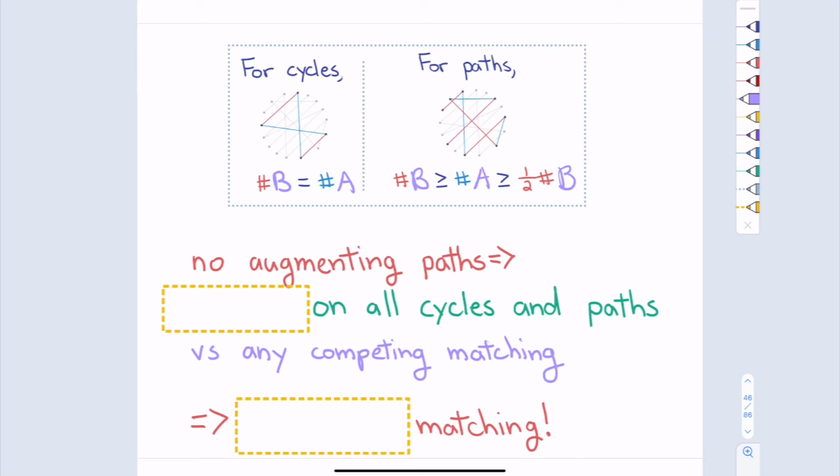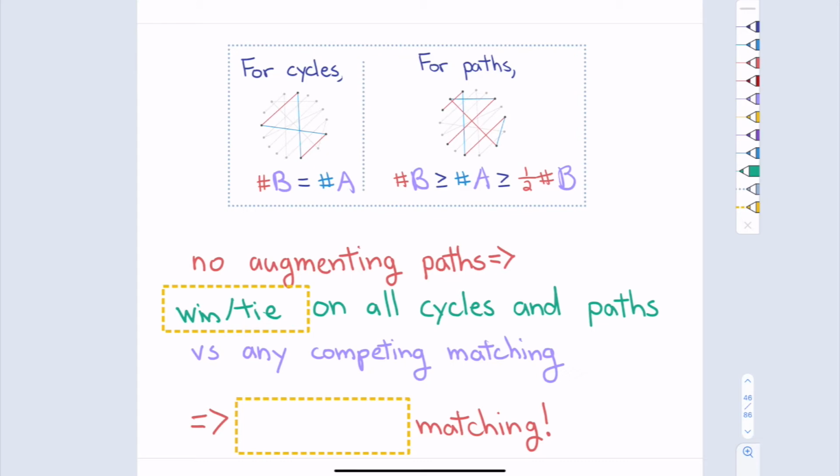But the fact that there's no augmenting path means that there's no path in this decomposition going maximum, then me, then maximum, and ending there, because that would give me an augmenting path. So we're already tying the maximum matching on all cycles in that decomposition, but no augmenting path means I'm also tying on all of the paths in the decomposition.